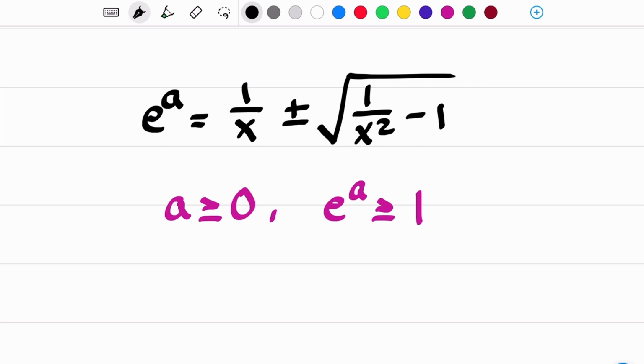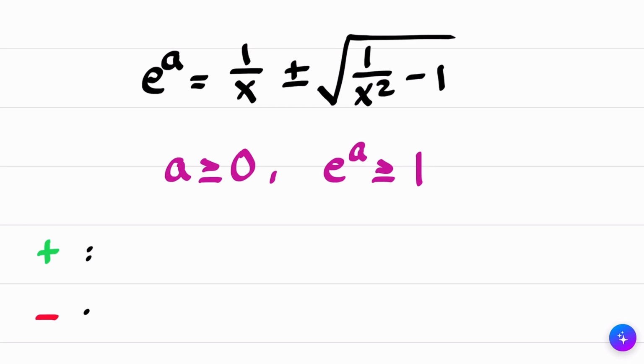So let's just plug in some value for x between 0 and 1 and see if that's true. Now, I'm first going to try the plus case, and let's check both of these to see. Now we need to choose a value for x between 0 and 1, so I'm going to pick 1/2.